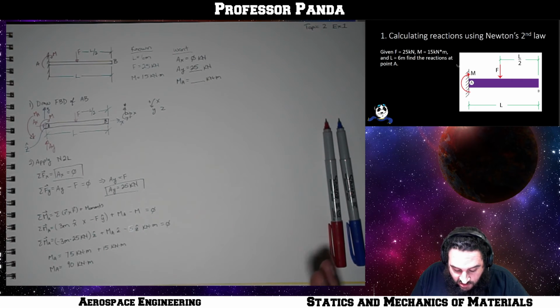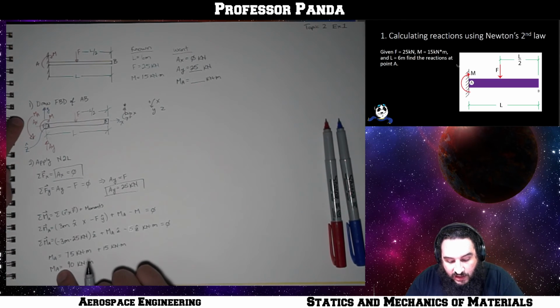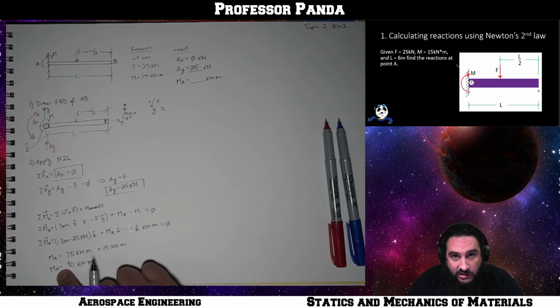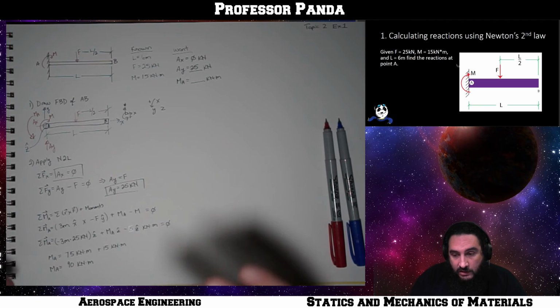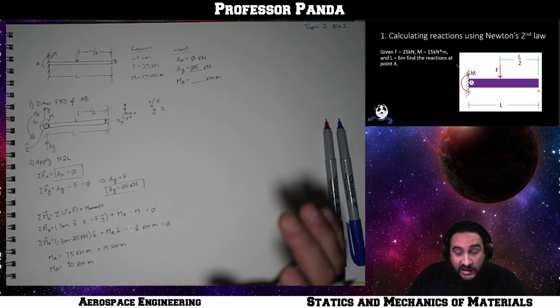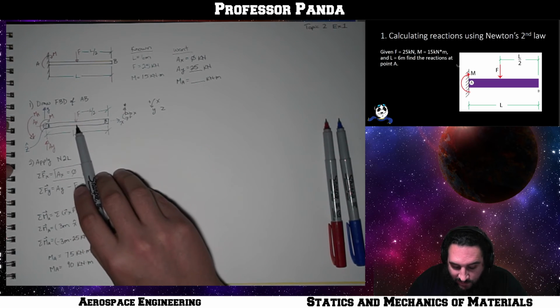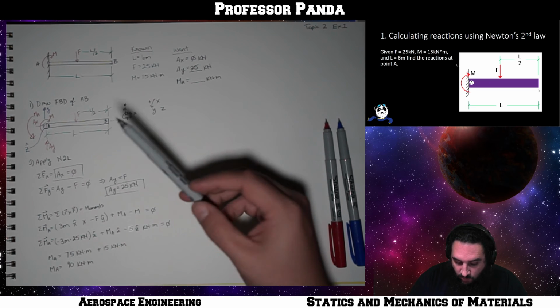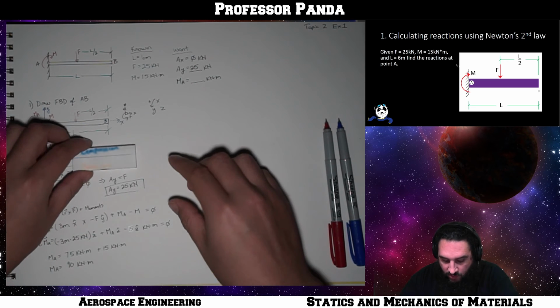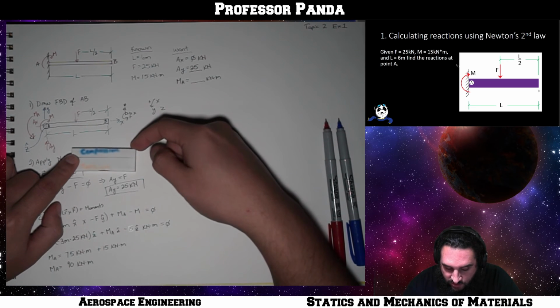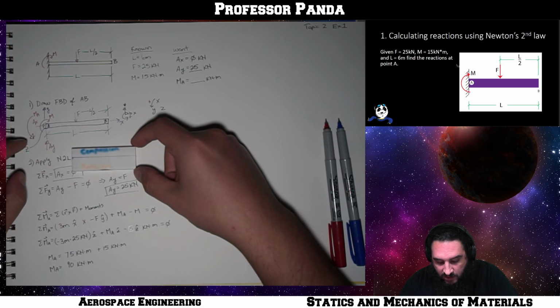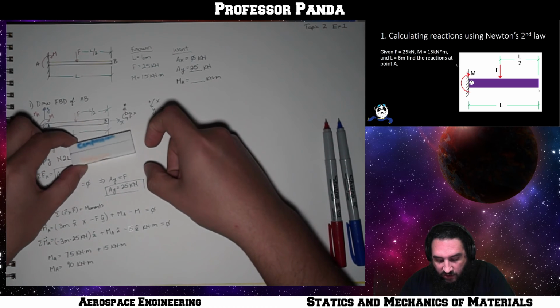Okay, let's do a vibe check. Does this make sense to us? Remember, MA is the reactionary force of the building on the beam that's sticking out of their front door. Okay, so if I have this beam and I hang a sign there, I'm going to be having a concentrated load at F. Okay, if it wants to push downward this direction, I'm going to have something from the building that wants to push it the other direction.